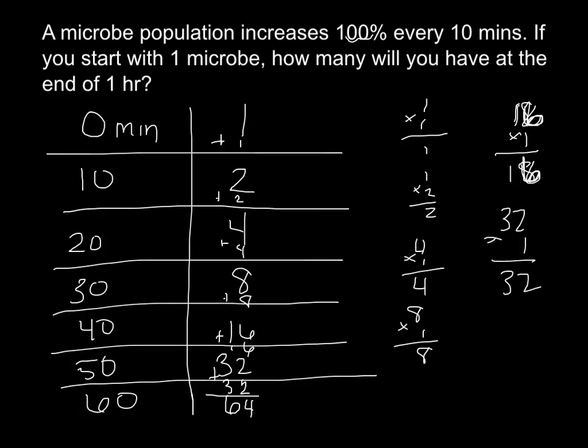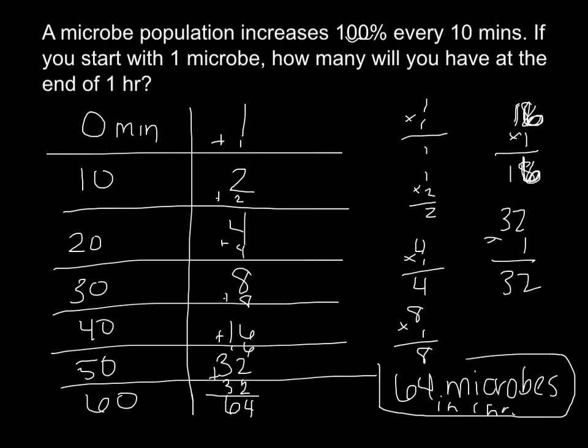So our answer would be 64 microbes in 1 hour. And that's why you guys can see with cells how fast they expand and how fast they can go through your body. If they're doubling this fast, after just 1 hour you went from 1 in your body to 64. So just kind of an interesting little tidbit there.